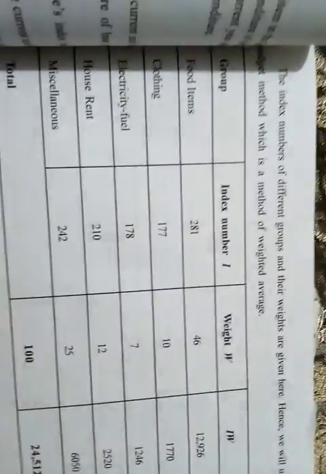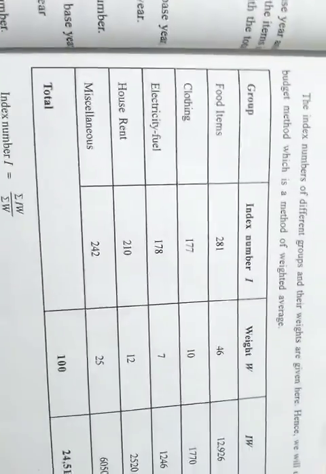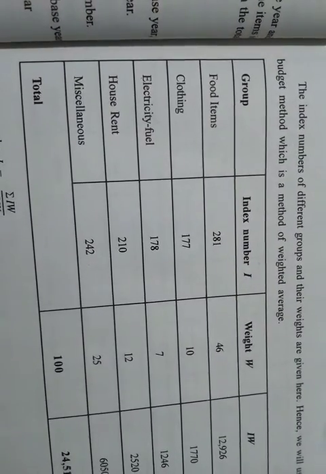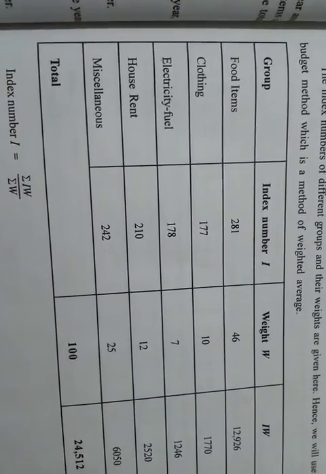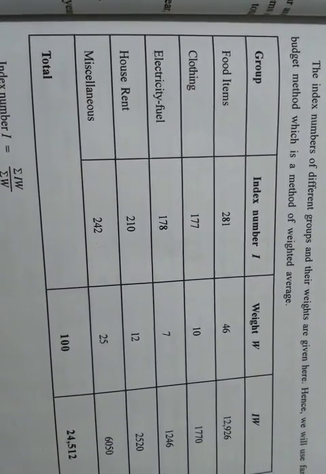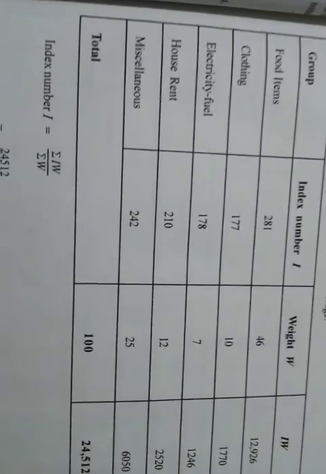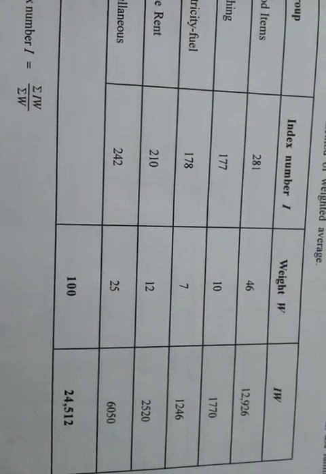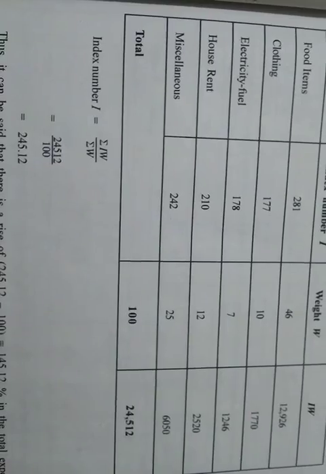So you will calculate group by group: food items, clothing, electricity, house rent and miscellaneous. The index number is as given, 281, 177 etc. The weight is also given, so you simply multiply. So you calculate IW and find the total. The summation is 24,512.